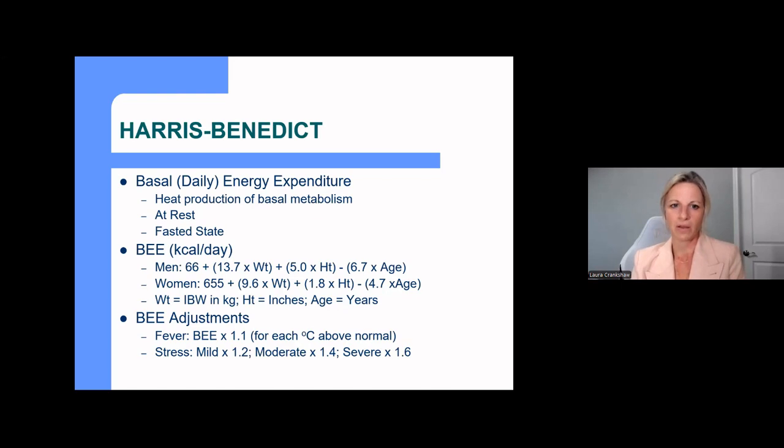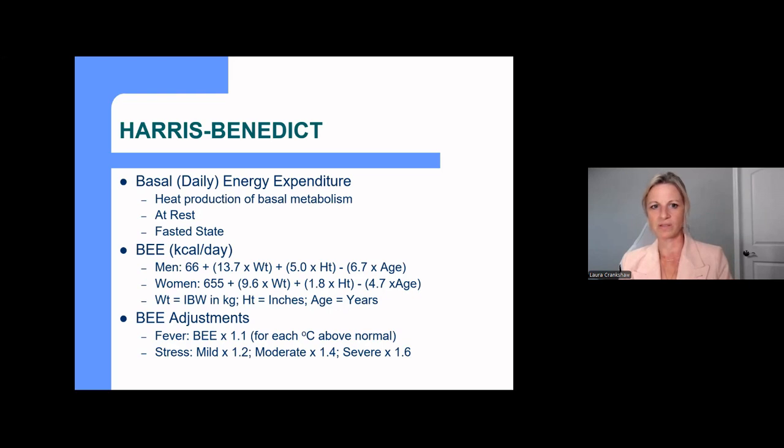So how do we calculate somebody's need? We get a respiratory quotient, and we're trying to figure out what's an appropriate adjustment. How do we best feed somebody what they need for their condition? Well, there's hundreds of formulas out there. The most common one that most people are probably familiar with is the Harris-Benedict equation.